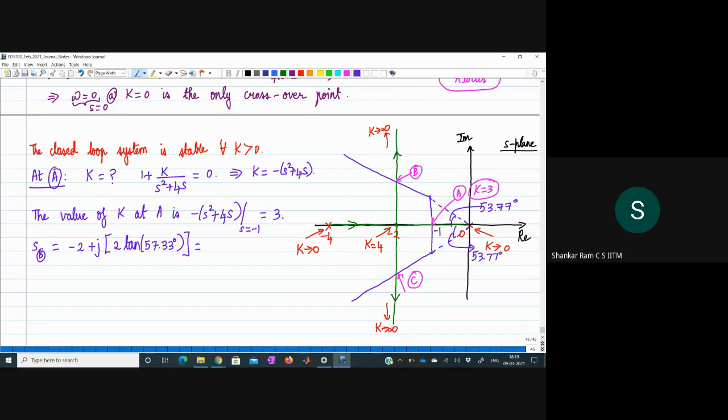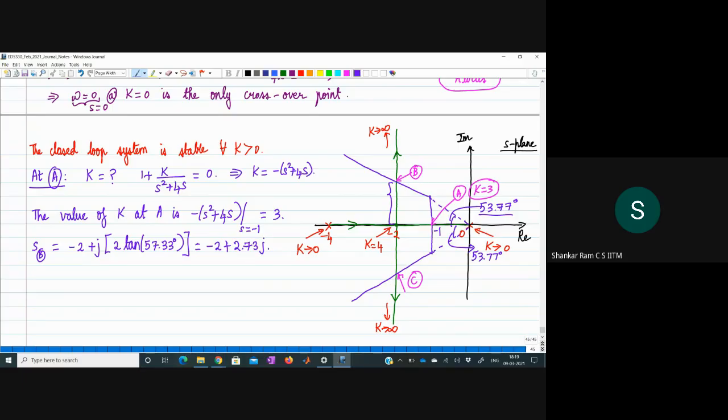How do we get this? Because we need this as the imaginary part: this angle is 57.33, this distance is 2, and tan theta is opposite by adjacent. So the opposite side will be 2 times tan 57.33. I hope that is clear. If we simplify this, we will get minus 2 plus 2.73 j.